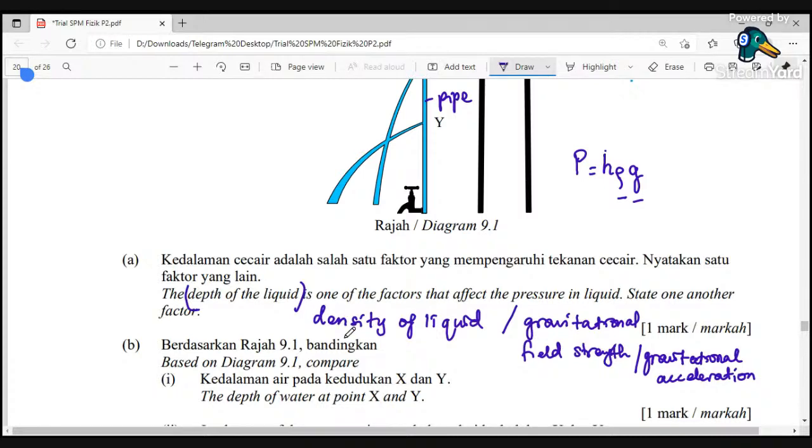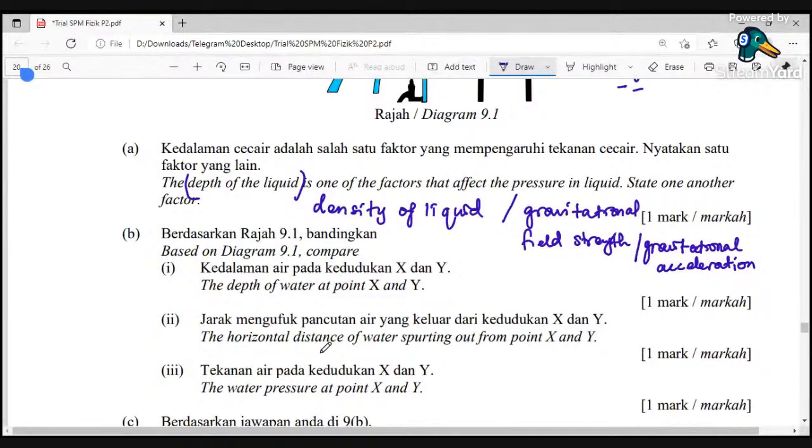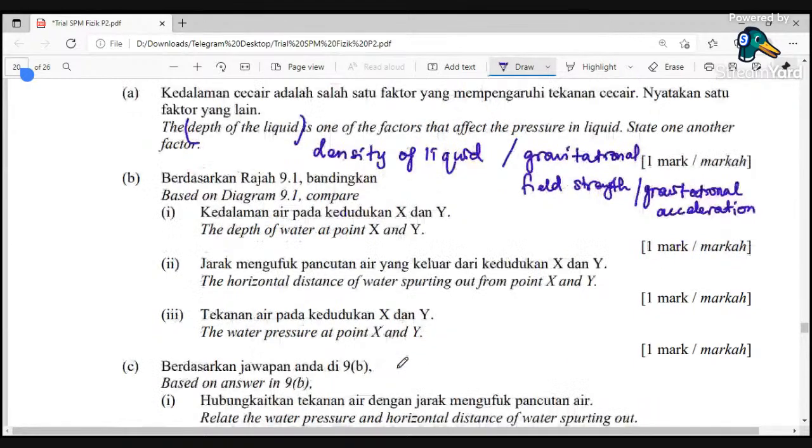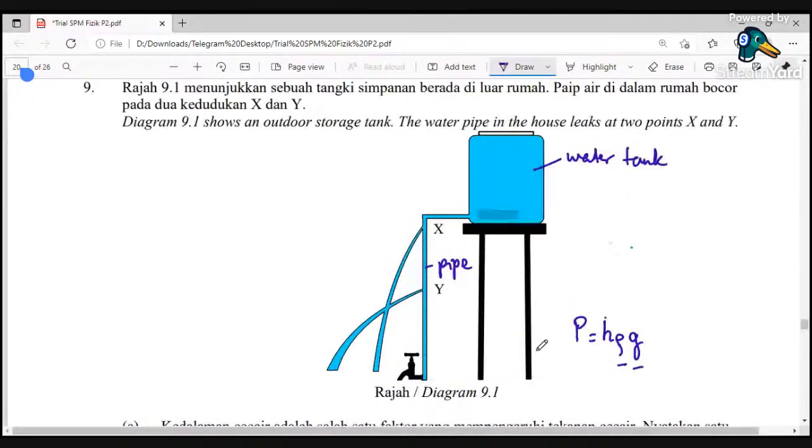B. Based on diagram, compare depth of water at point X and Y, horizontal distance of water spurting out, X and Y, water pressure at point X and Y. Look at this again. So the depth is measured from the surface of water in the tank, means from this level.